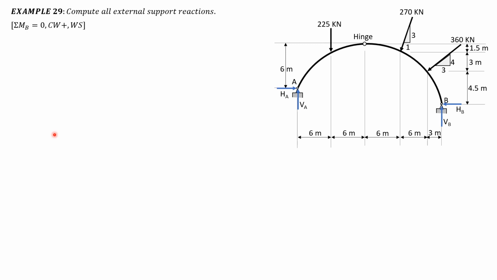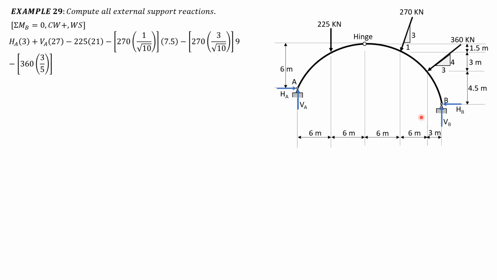So we have HA times 3, this distance is 3, plus VA times 27, and minus 225 times 21, and the horizontal component of 270 times 1 over square root of 10 times 7.5, 3 plus 4.5. The vertical component is 270 times 3 over square root of 10.